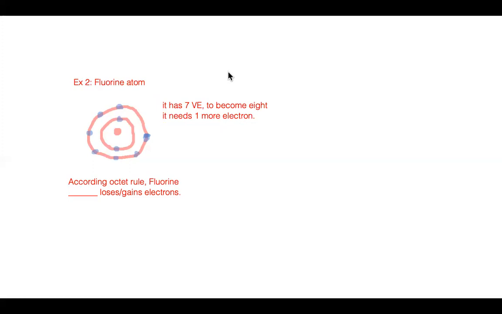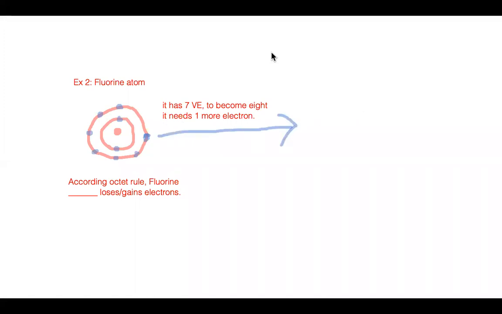You tell me, which is easy, just adding 1 electron or taking away all the 7 electrons from the outer shell to get the filled outer shell, which is easy? So I would say just gain or add 1 extra electron. So that's what. So now it gains 1 electron.